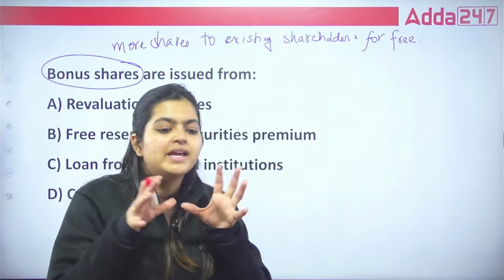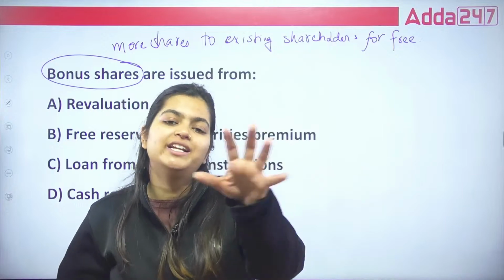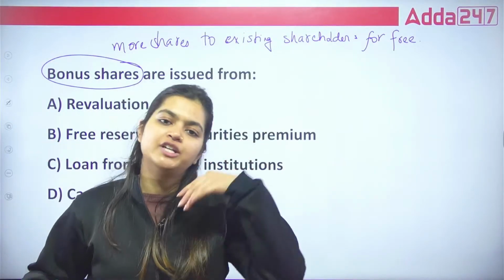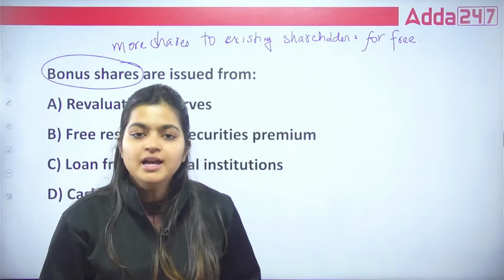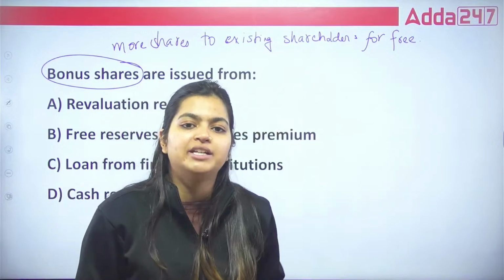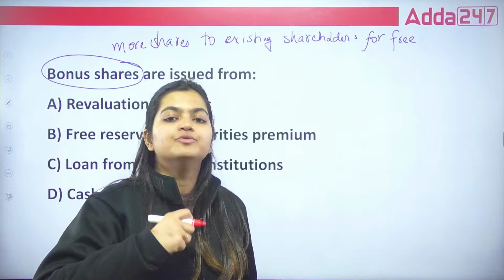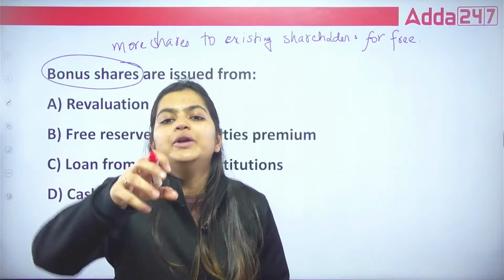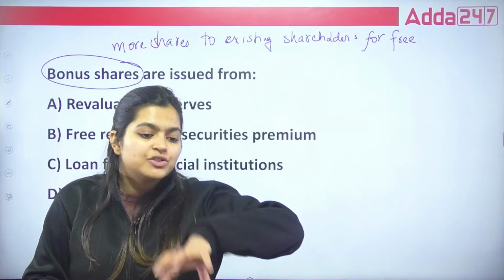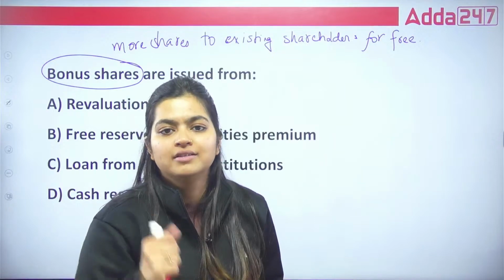So while making accounts from the first unit, we are always saying we need to do the double entry. If we are doing the debit, we need to show the credit. If we are showing the credit, we need to show the debit. So if we are issuing more shares, means we are increasing our share capital. But how you are increasing? What is your debit side? How you are arranging the fund? As a company, if you are saying that you are issuing extra 1,000 shares to your existing shareholders, from where?